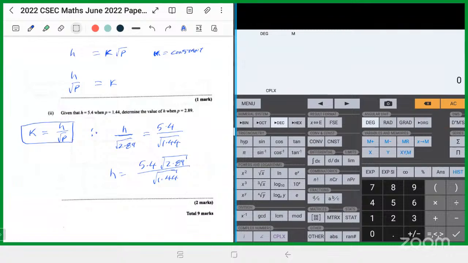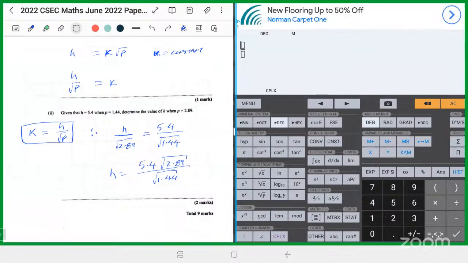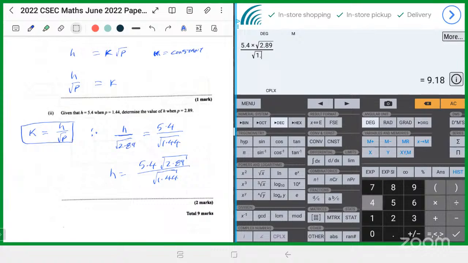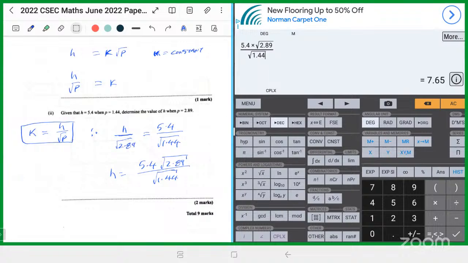All right, so that's 5.4 times the square root of 2.89 divided by the square root of 1.44. And that is equal to 7.65.